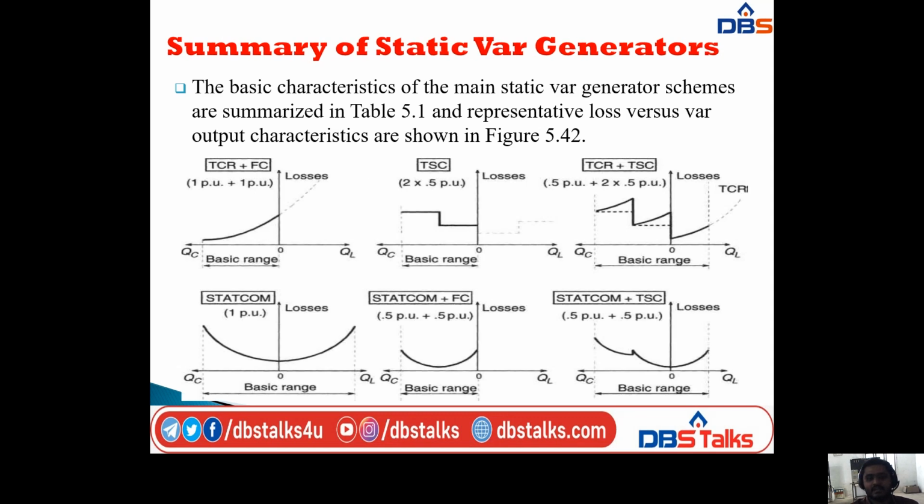Next, coming to the summary of static VAR generators. Up to now we discussed the static VAR generators topic wise individually, but here I will summarize these static VAR generators in a simple manner. I am taking the basic characteristics of the main static VAR generator schemes, shown in this table.